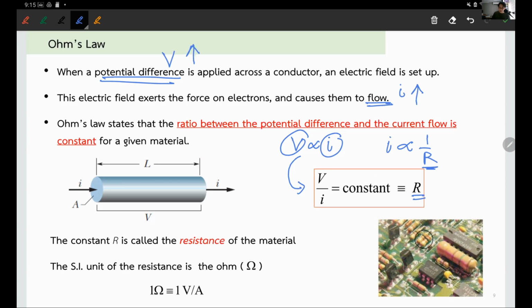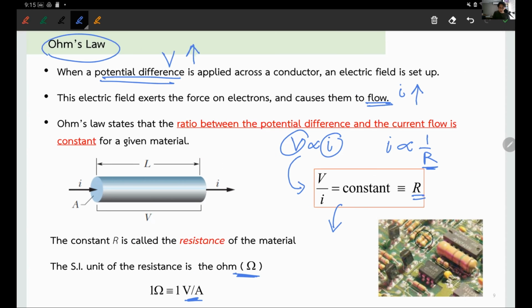The unit of R is going to be volt per ampere, and the volt per amp, we name it the ohm, which is a very familiar name once again. Amp is very familiar. Ohm, so that's not too bad. You have learned this a couple of times, and everything comes down to, actually, this is already Ohm's law.